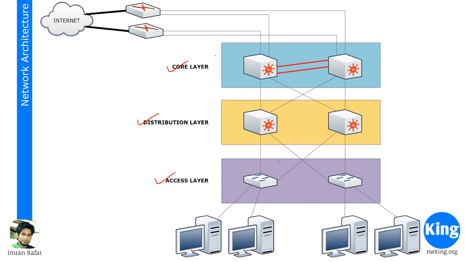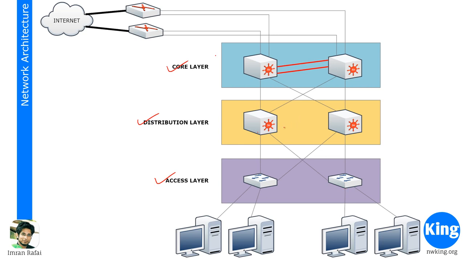In the access layer, these switches are layer 2 switches. They cannot do layer 3. Distribution layer also will not do layer 3, but they're high powered devices, right? If an access layer switch wants to connect to another access layer switch, that will always go through the distribution layer and then come back to the access layer and communicate. That's how it would be done.